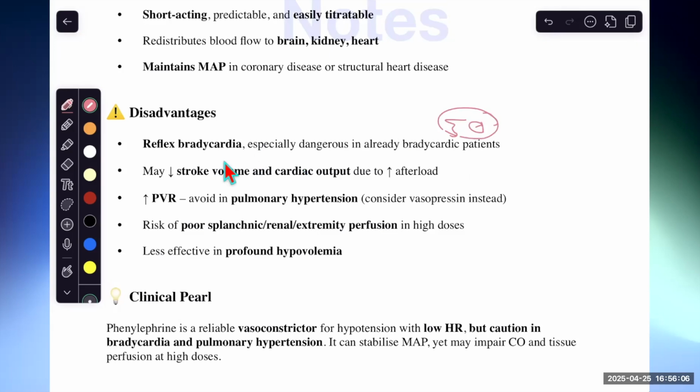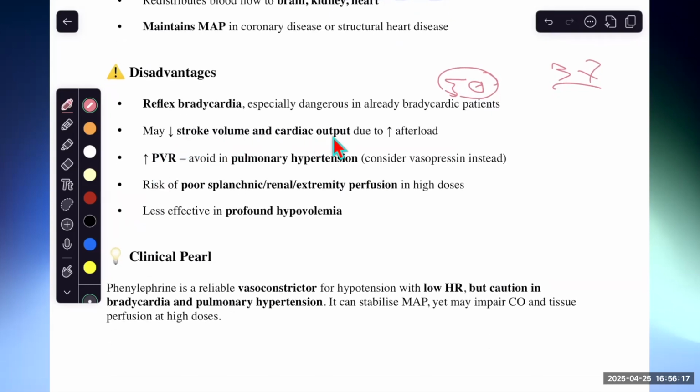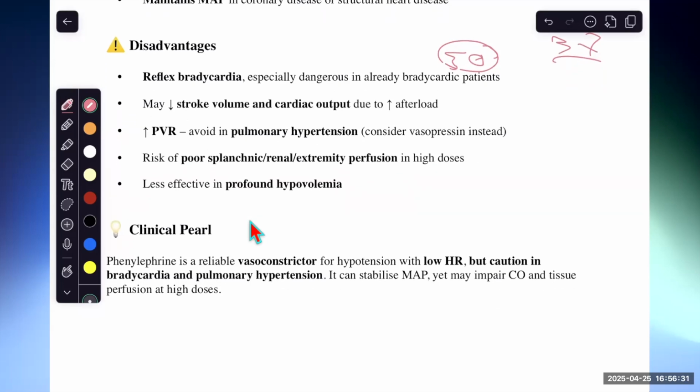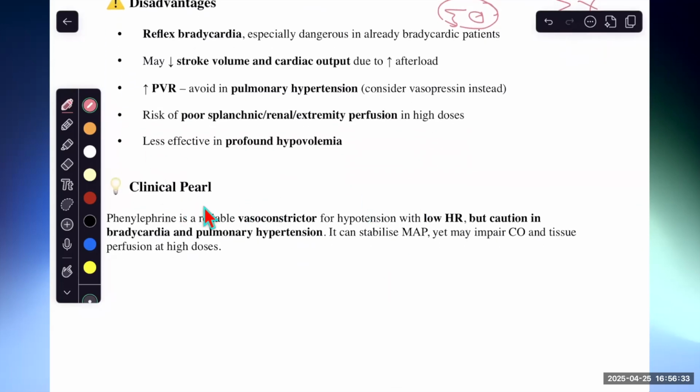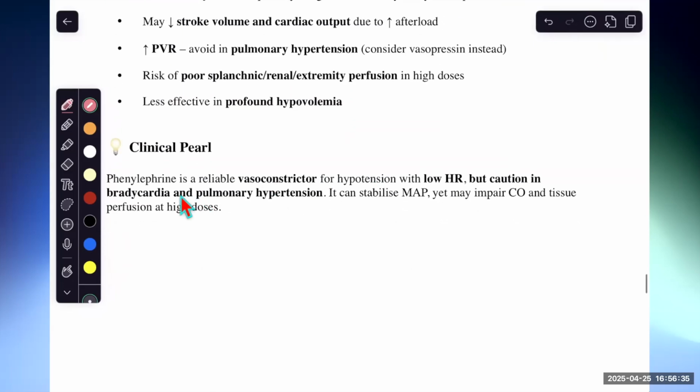You start to give him repeated boluses. He ends up with a heart rate of 37, then ventricular arrhythmia, and you go back for cardioversion. Okay, it may decrease the stroke volume and cardiac output due to increased afterload if you have poor function, of course. Increased PVR, as we said, and risk of poor splanchnic, renal, and extremity perfusion in high doses, of course, and it is less effective in profound hypovolemia. Okay. Out of all of these, what was the take-home advice?